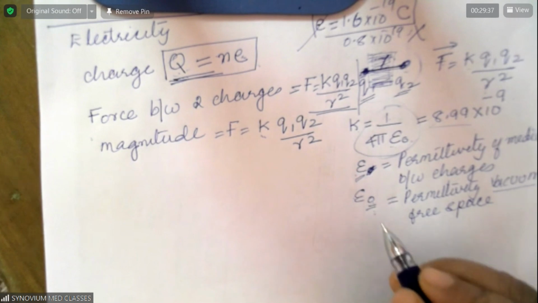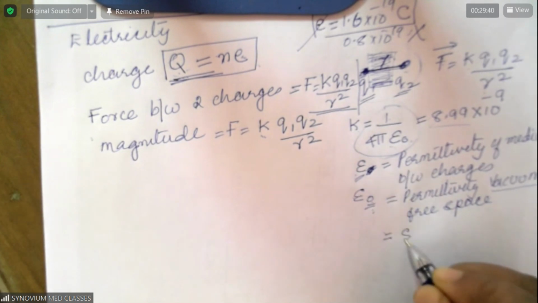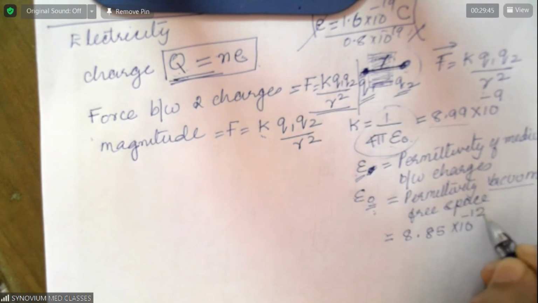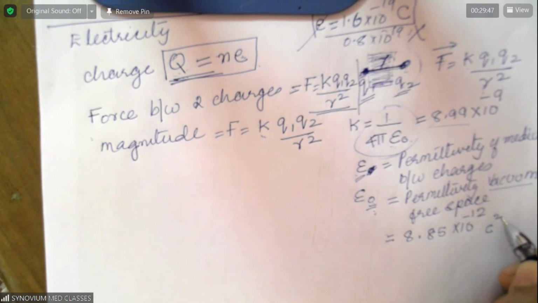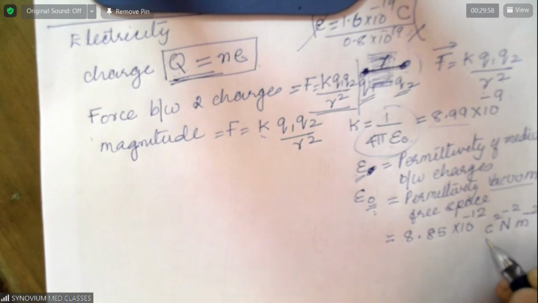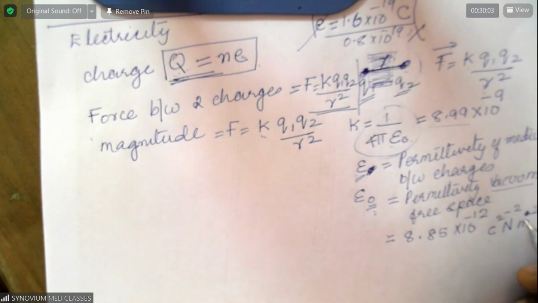This permittivity of free space has a value of 8.85 into 10 to the power of minus 12 Coulomb square, Newton minus 1, meter minus 2.